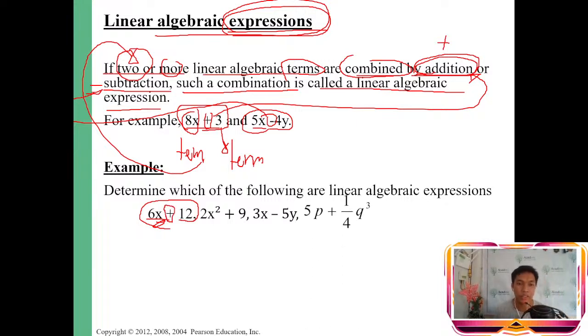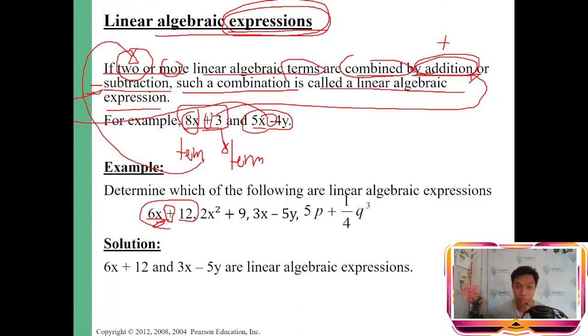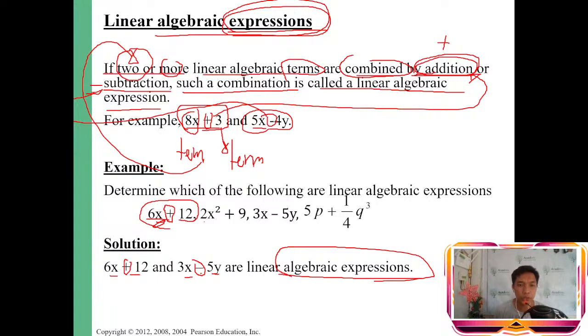So 6x and 12 are algebraic terms combined by addition, and 3x minus 5y is also an expression because they are combined with minus. Next one, how about this one? Here we have 2x squared plus 9. They are not, because of the exponent.